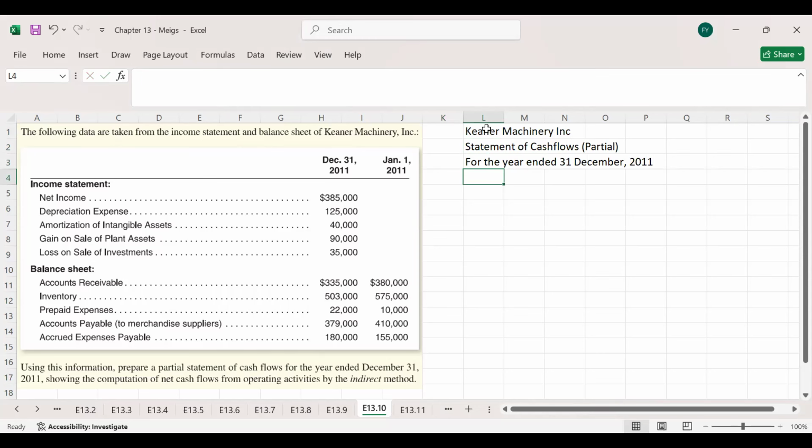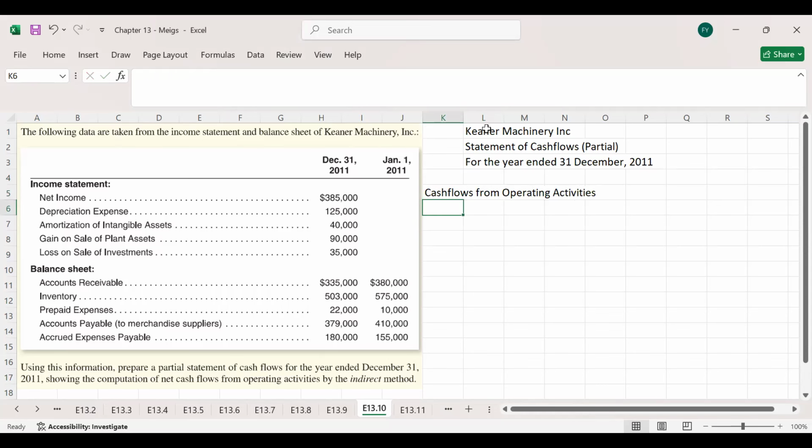Then we have cash flows from operating activities, and we are using the indirect method.